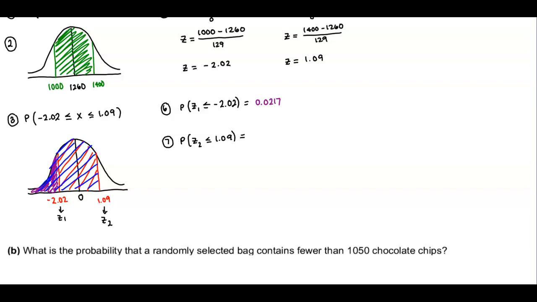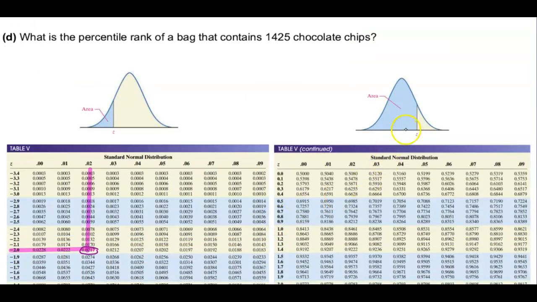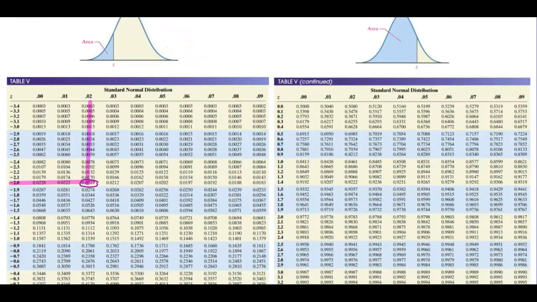So that gives us the entire area of this part here, and we've already found the area of this part. So let's go ahead and take a look at that. We're going to go down here and look for 1.09, and again, these give us the areas to the left of the curve. So we want to find 1.09. So here is 1.0.